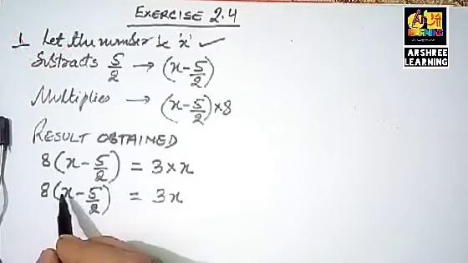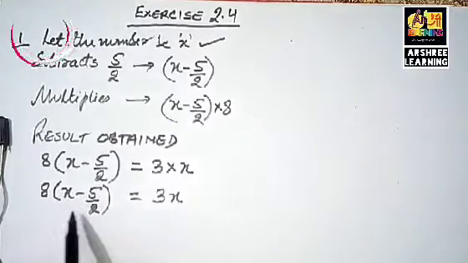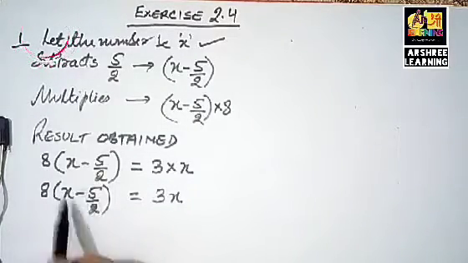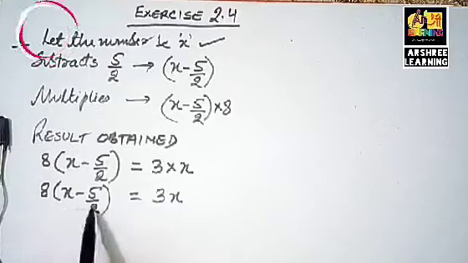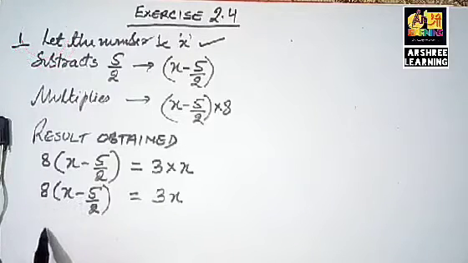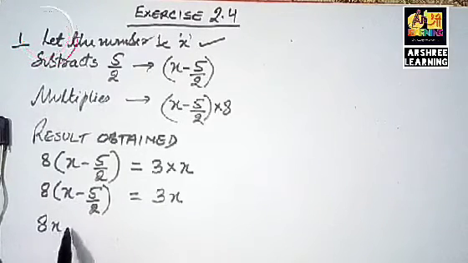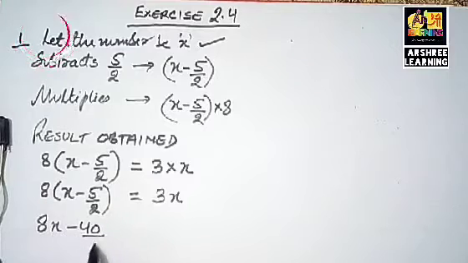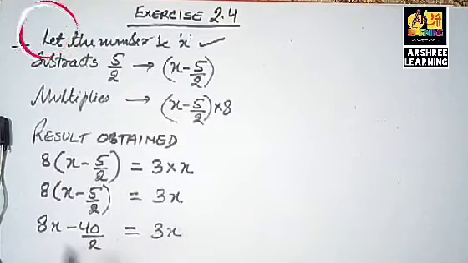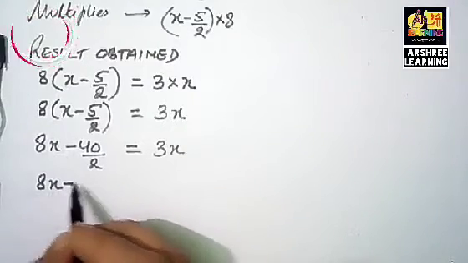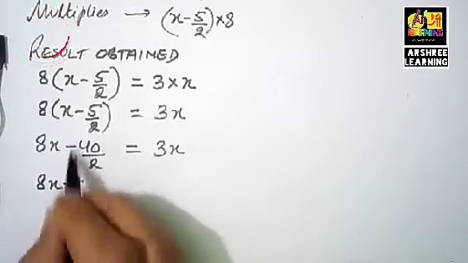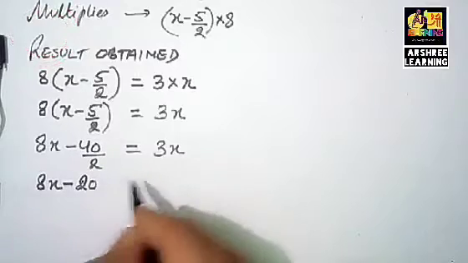Now you will solve like you solve any normal equation. You can take the LCM, or you can multiply first and then solve. If I multiply, it will become 8x minus 40 upon 2 is equal to 3x. Dividing 40 upon 2, it will become 20.